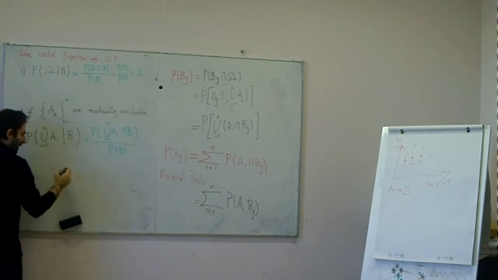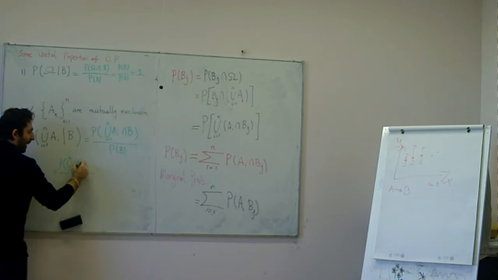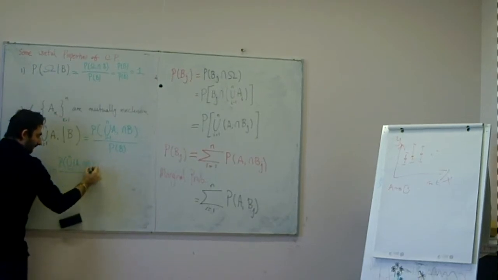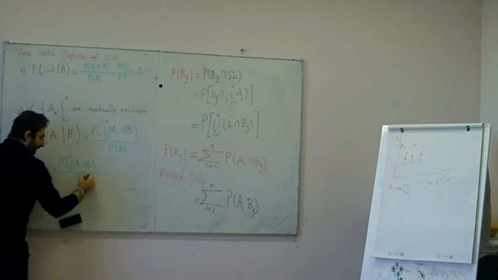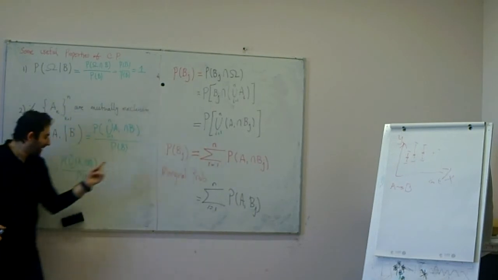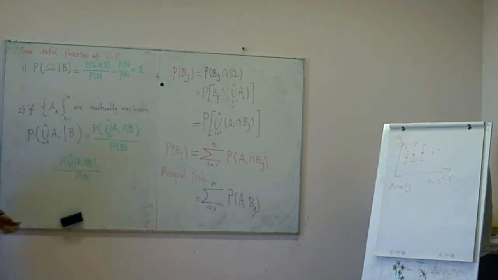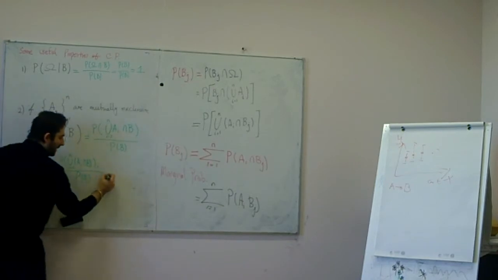Now, we can write it as the probability of the union i from 1 till n of Ai intersected with B. As I just stated, because the Ai's are mutually exclusive, the intersections with B will also be mutually exclusive, which means the union can come out and will become a summation.